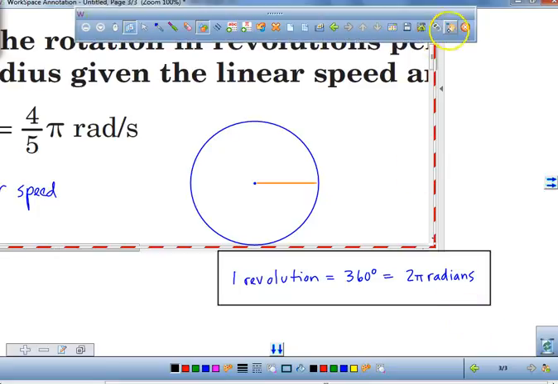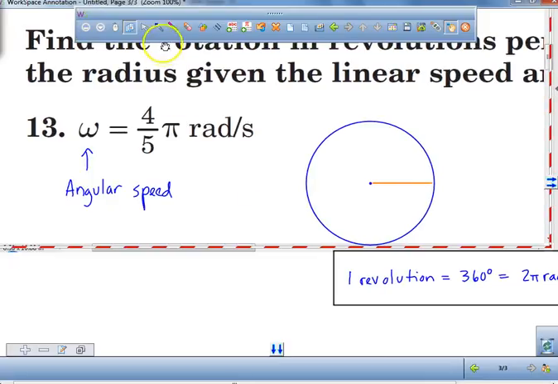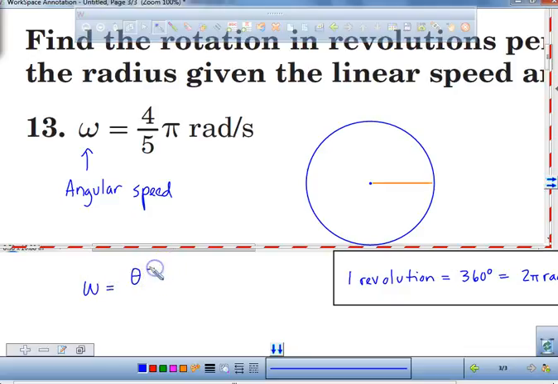Now, W, angular speed, velocity, is equal to theta. Now, theta is going to be in radians per period of time. So T equals time.